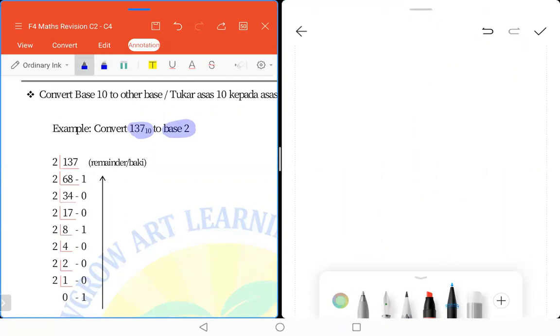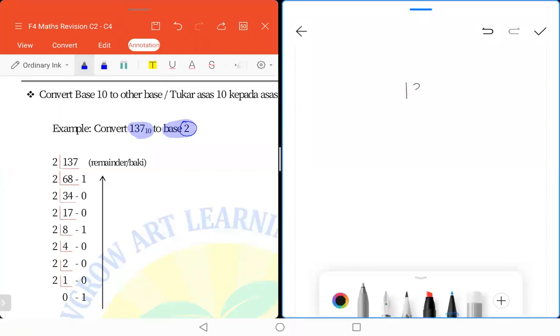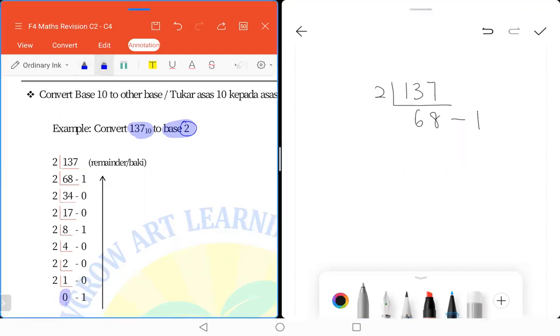Divide by 2. Okay, so 137 divided by 2. 6 times 2 is 12, balance 1, 17. So 8 times 2 is 16, so remainder is 1. Okay, proceed until you get 0.